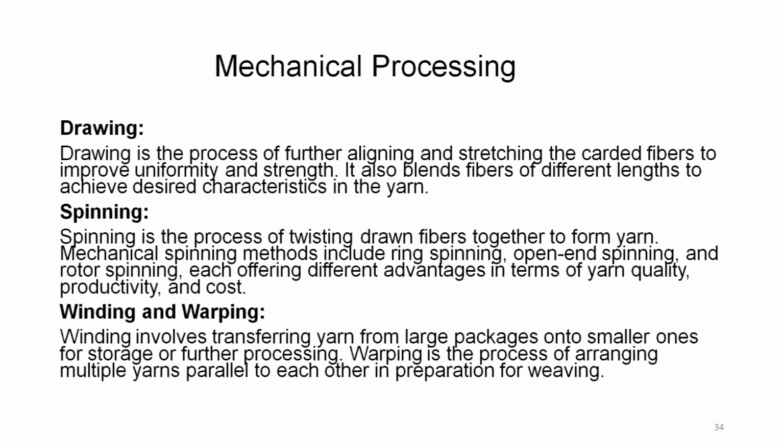Mechanical processing also involves drawing. Drawing is a process of further aligning and stretching the carded fiber to improve uniformity and strength. It also blends fibers of different length to achieve desired characteristics in the yarn. Spinning is a process of twisting drawn fibers together to form yarn.